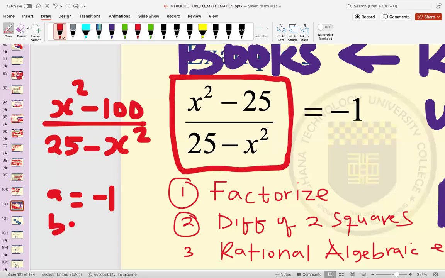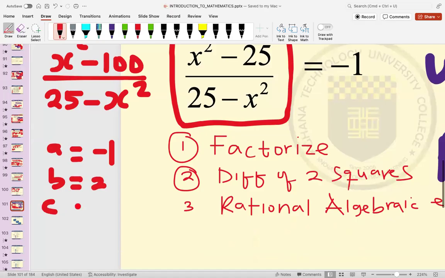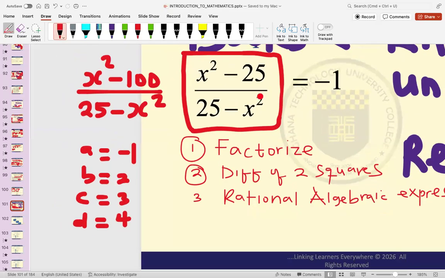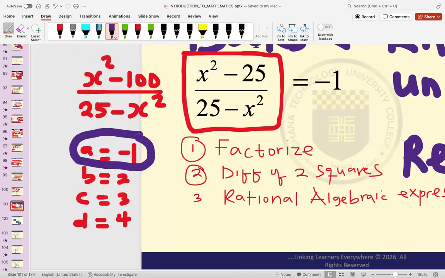B is equal to 2. C is equal to 3. And D is equal to 4. So these are my answers for this question. And I know that when I'm marking, it is A that should be the correct answer. But the person didn't type this question.